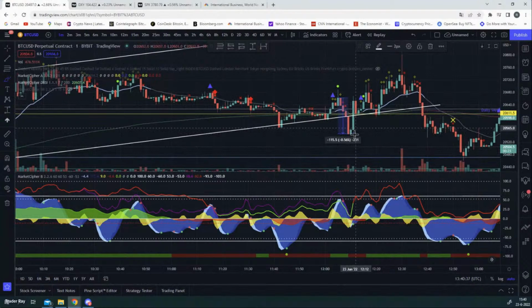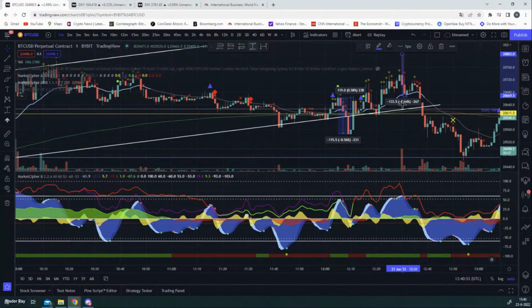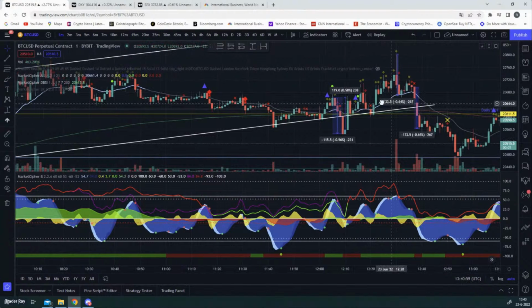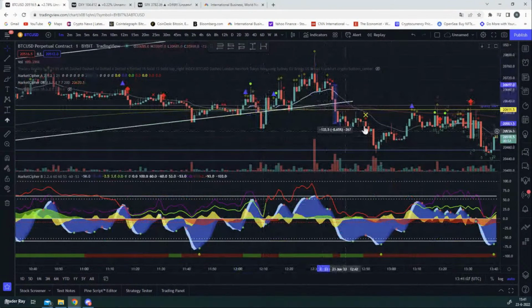And then here, 0.6, 0.6, 0.65. Yeah, it's just a lot. And then you're really getting smacked around, up and down, up and down. So if you're on a high leverage, this is just very tricky.